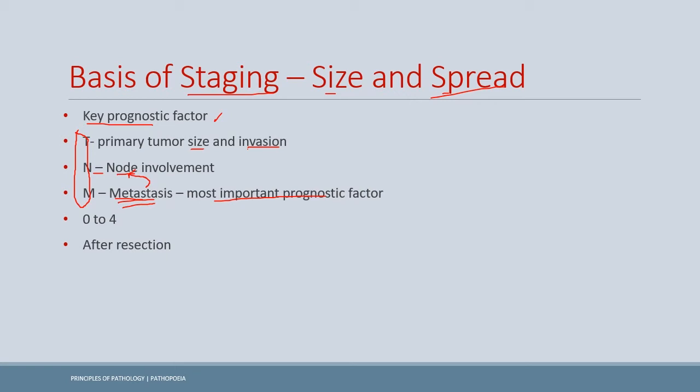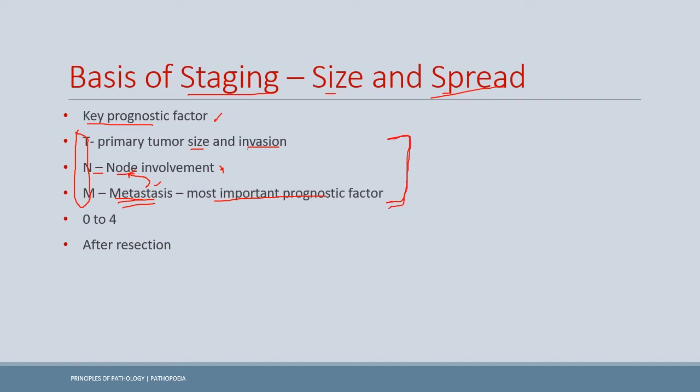The single most important prognostic factor, if I say, would be metastasis, right? And say, for example, if we have N0, then it represents no nodal involvement, and if we have T0, it means no invasion. This is different for different tumors, but I have just included here some broad things to have a big picture in the mind.